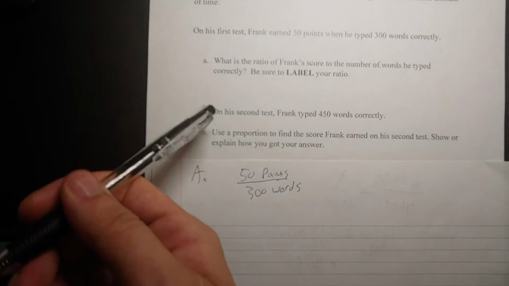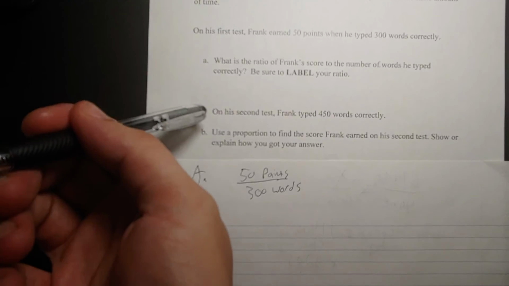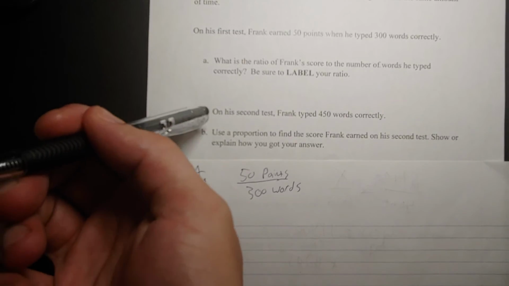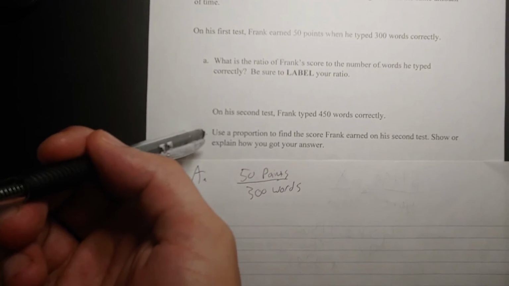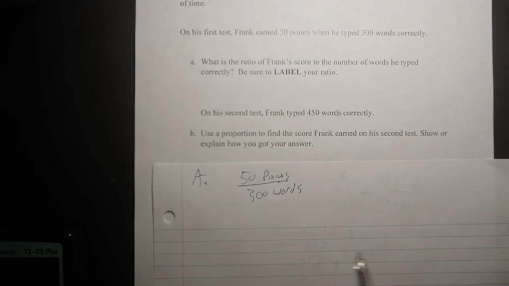Now we have to make sure we read this before we read part B. If you ever see parts like A, B, C, or whatever, the earlier part is going to be needed to do the later part. So on his second test, Frank typed 400 words correctly. Part B asks to use a proportion to find the score Frank earned on his second test.